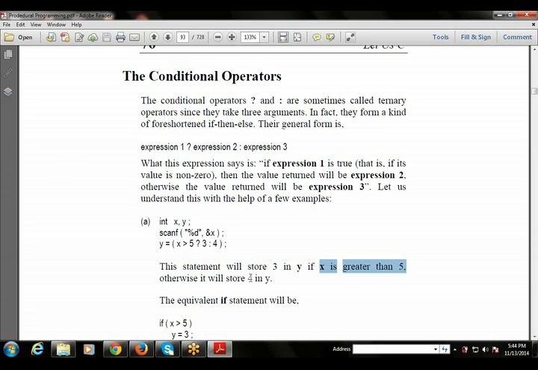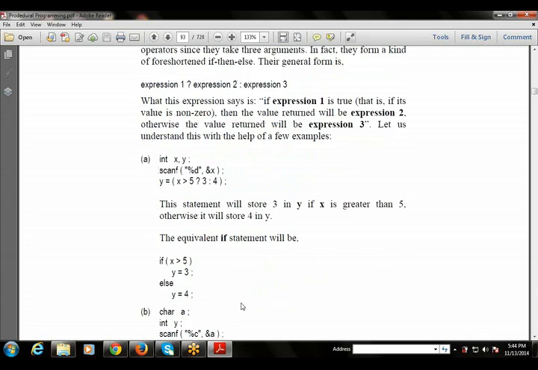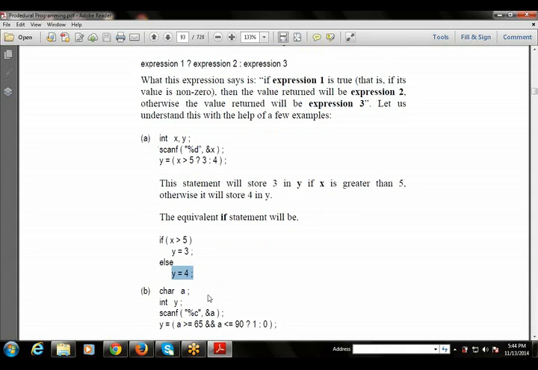Otherwise it stores 4 in y. The equivalent if statement will be: if x is greater than 5, then y equals 3, else y equals 4.